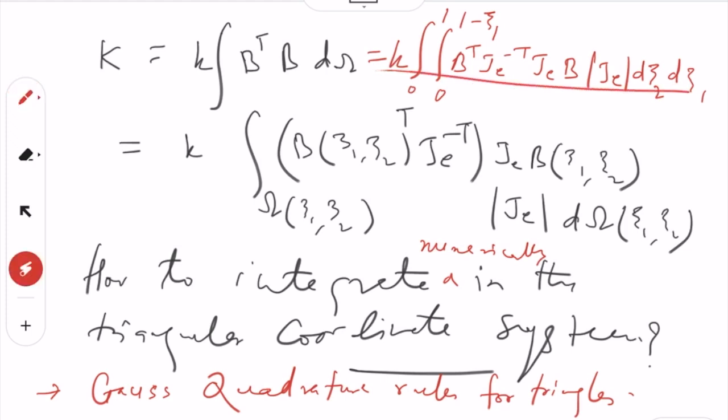Second, computers are not going to do it like this, they will use Gauss quadrature only, and hence we have to learn how to numerically integrate in 2D in general, for the triangular coordinate system, or for any 2D element such as a quadrilateral element. How to use Gauss quadrature for that, we will learn in the next lecture video. Okay, so see you there.